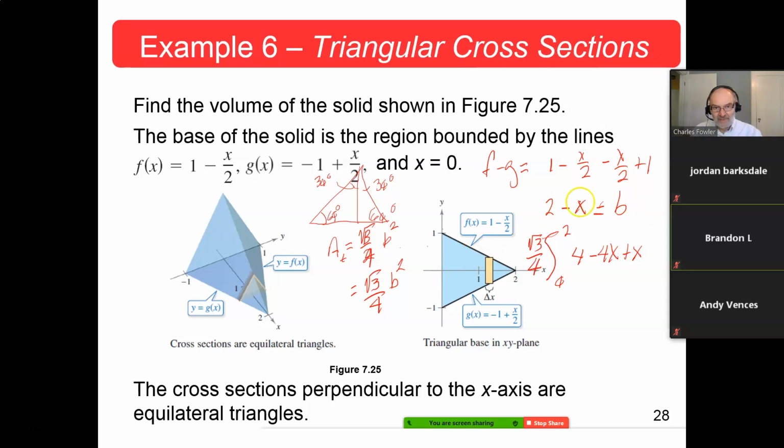I squared that base: square the first term, twice the product of the two, square the last term. I didn't write my x squared in there. And then dx. All right. So let's see what this gives us. Root 3 over 4 times the integral. What's the antiderivative of 4?